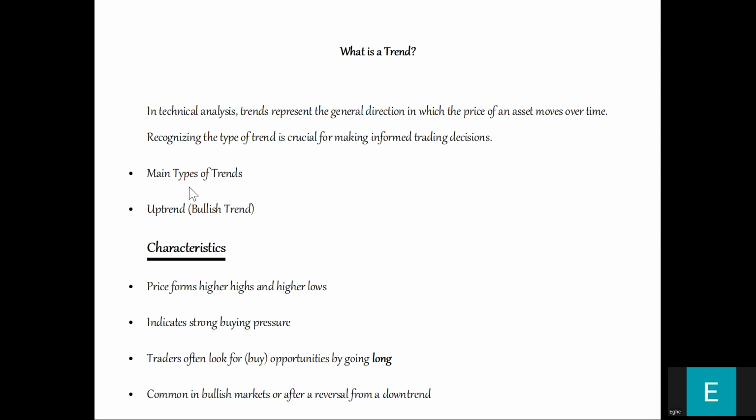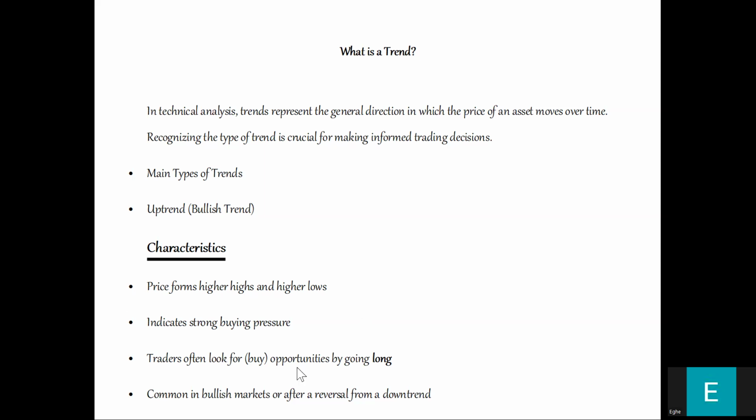So we have the main types of trend. We have the uptrend, that is a bullish trend. When the trend is going up, we say it's bullish. The characteristics of a bullish trend or an uptrend: price forms higher highs and higher lows. I will show you in a moment so that you grab the concept.